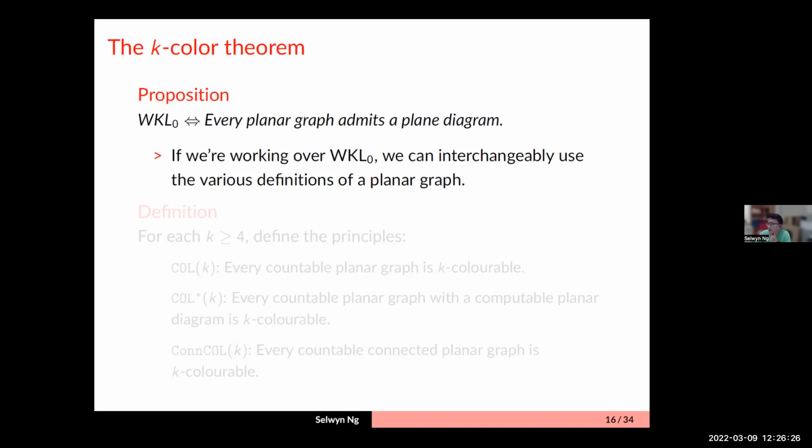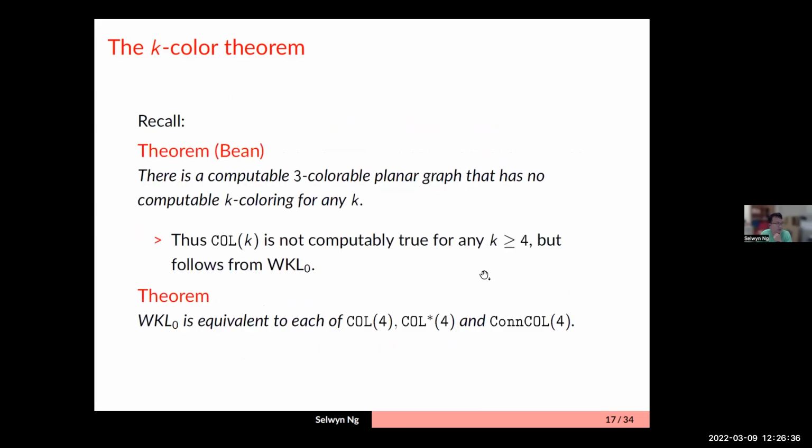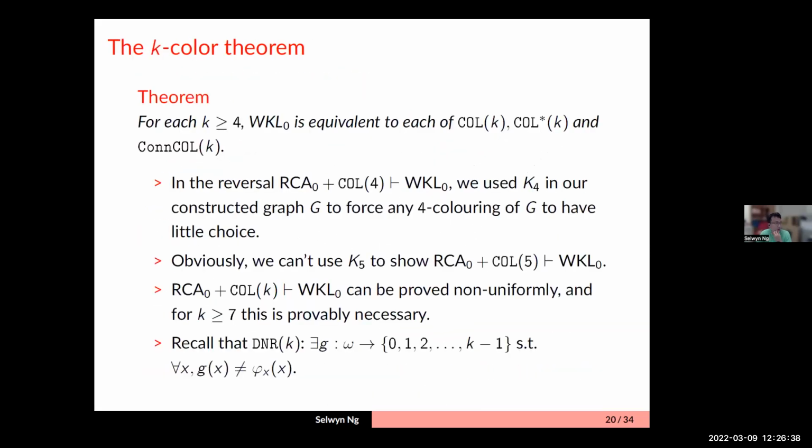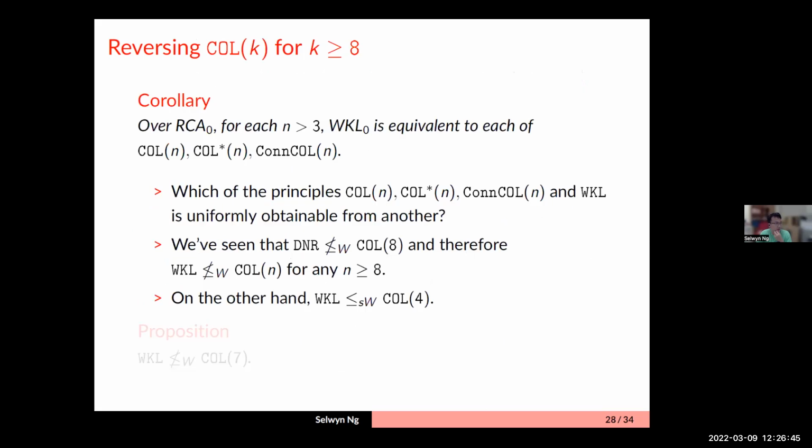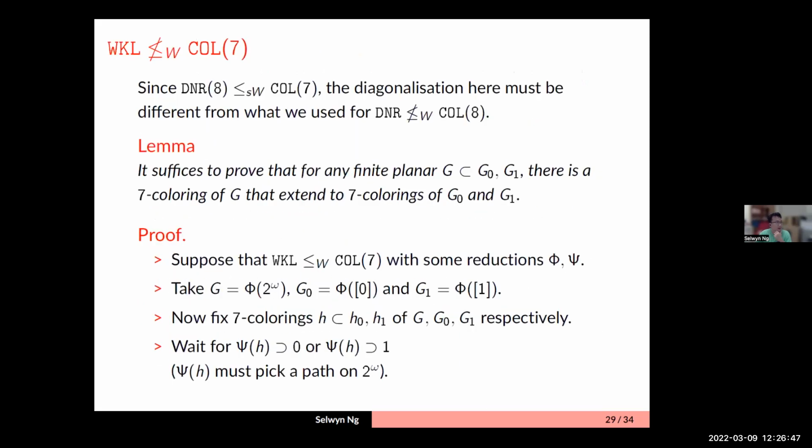But can we say that something is strictly weaker than WKL in some cases? Yes, for 7, for example, it would be strictly weaker. Okay, I see. Thank you.